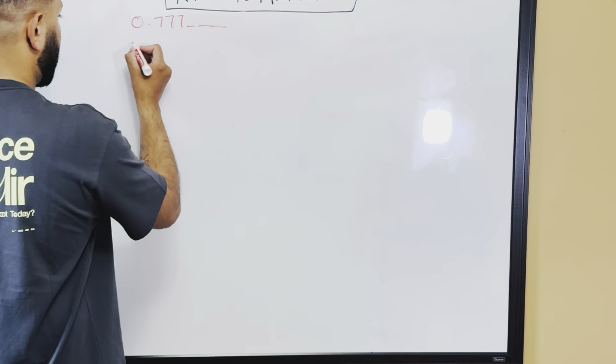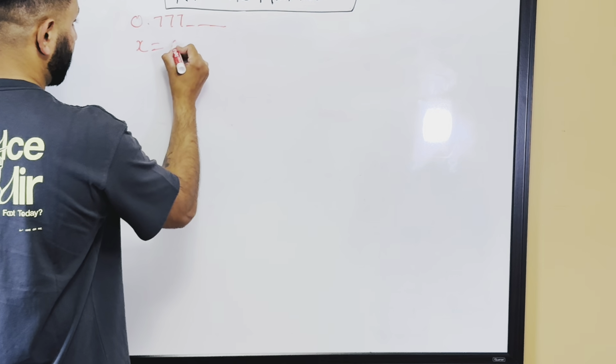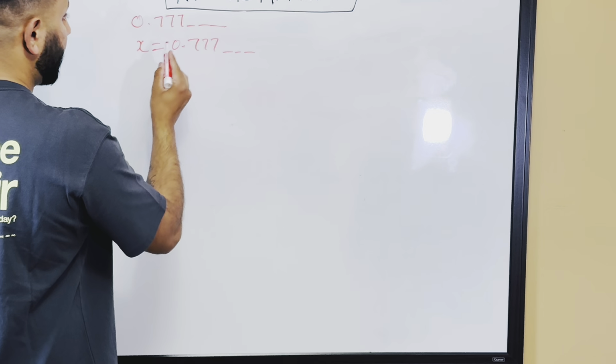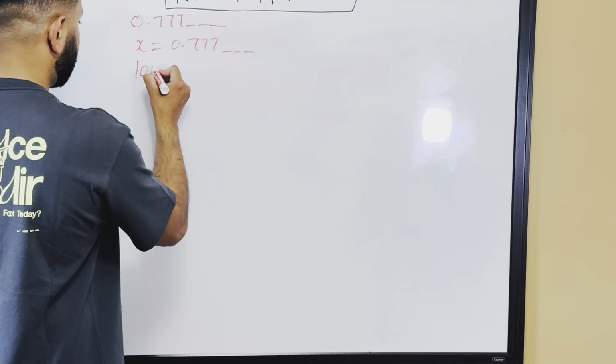So how are we going to solve this? Let's assume this decimal form as x, and multiply left hand side and right hand side by 10.